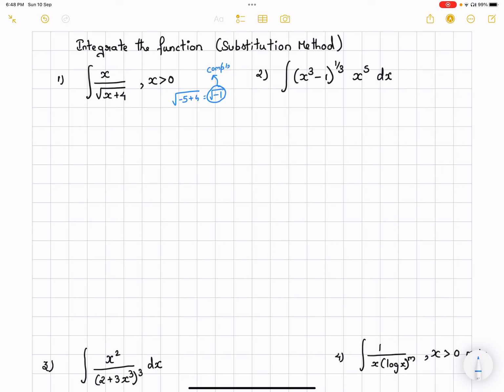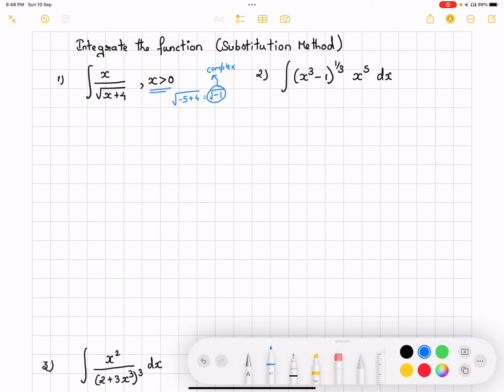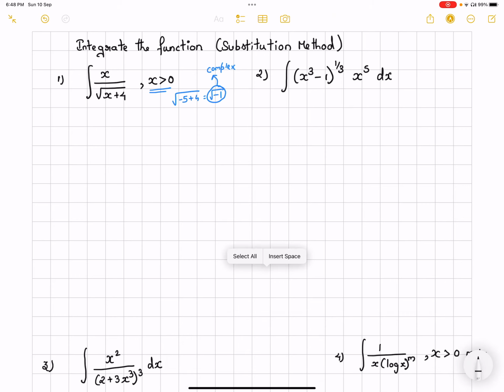Just to avoid the complex number, we give the condition very clearly that whatever result you get is a real one, not a complex one. That's the reason they are being clear with how the function has been defined.